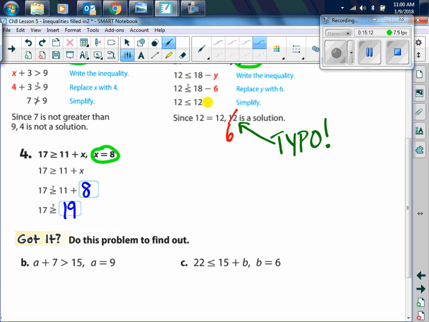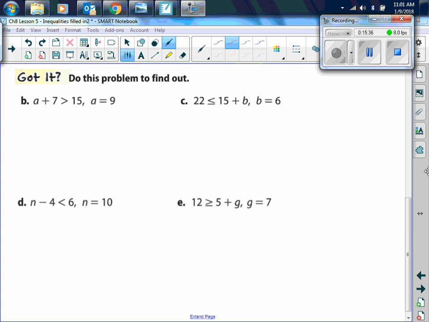So 17 is greater than or equal to 19. Is that true or false? That is false, because it's not greater than and it's also not equal to, right? So this is false. So that tells me that 8 is not a solution. Very good.